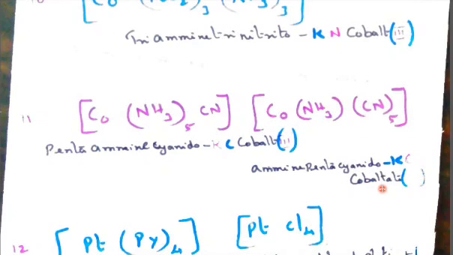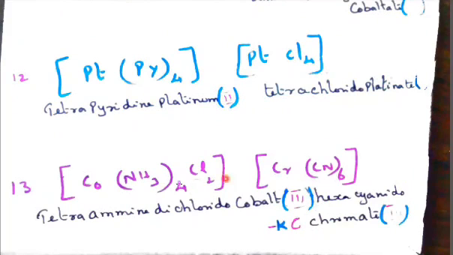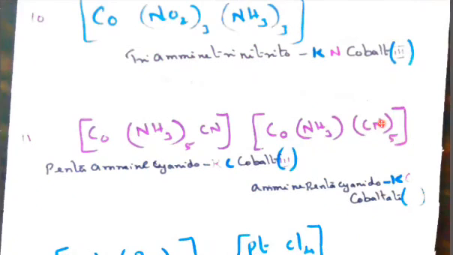So cobaltate(III). In the cationic case, we should say simply platinum, but for the anion we say platinate(II). Here the cobalt complex is cationic, so simply you say cobalt(III). But here a chromate should come, ending in -ate. So if it is an anionic complex, the central metal ion name should end with -ate.